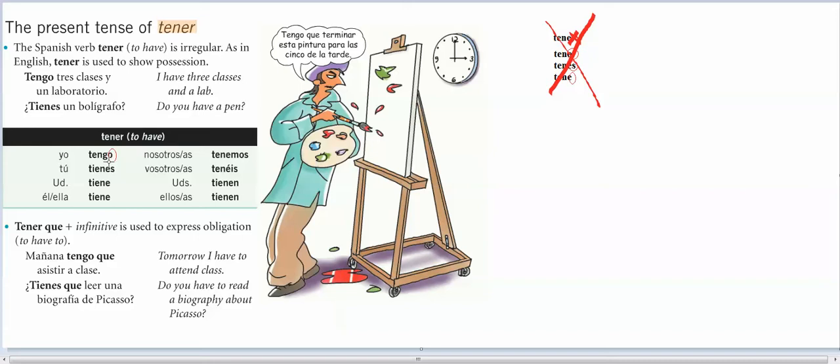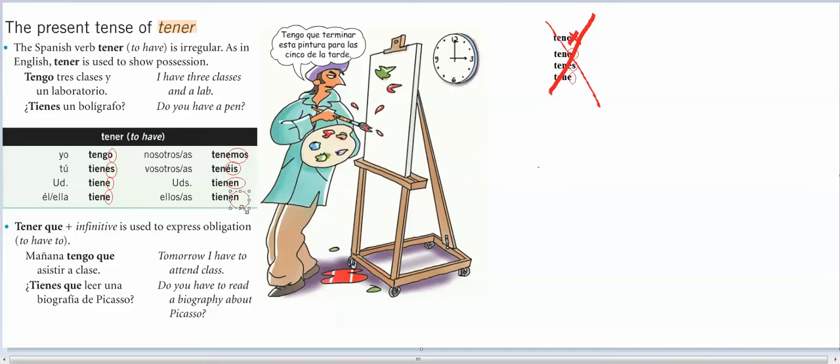You'll see an O, an ES, an E, an E, an EMOS, an EIS, an EN, and an EN down here.